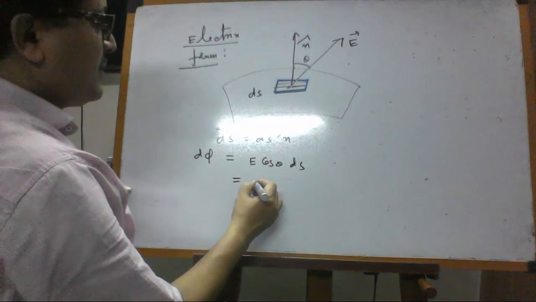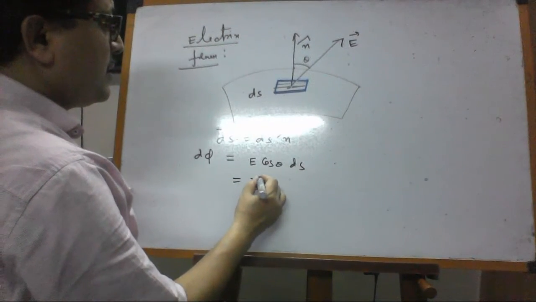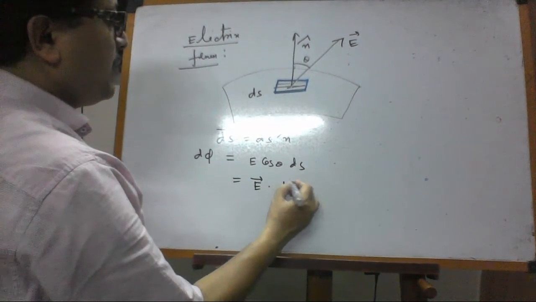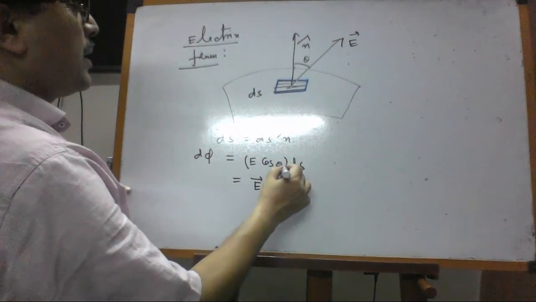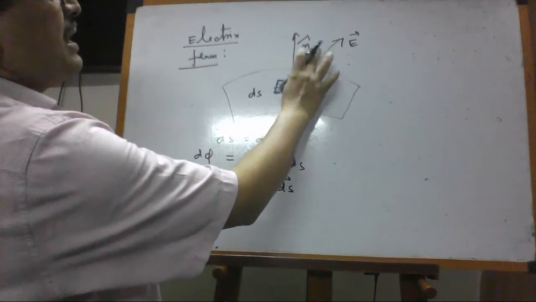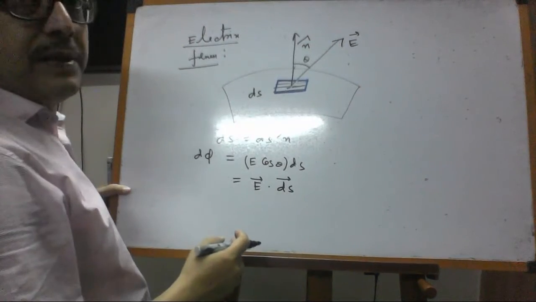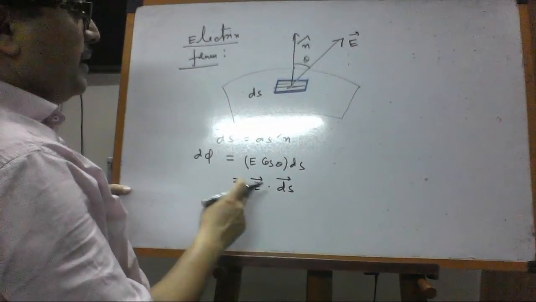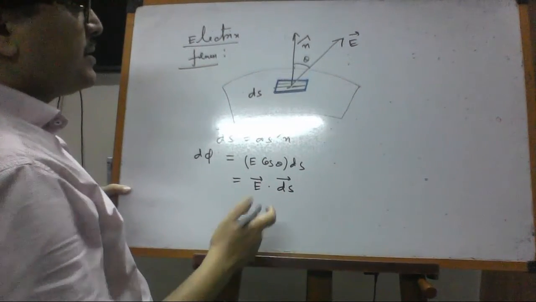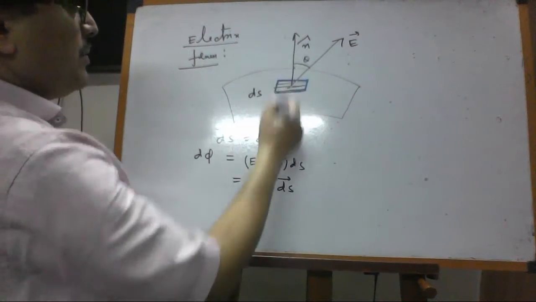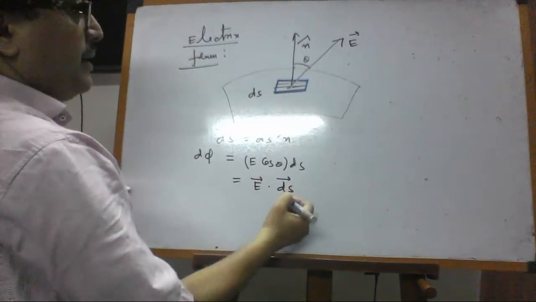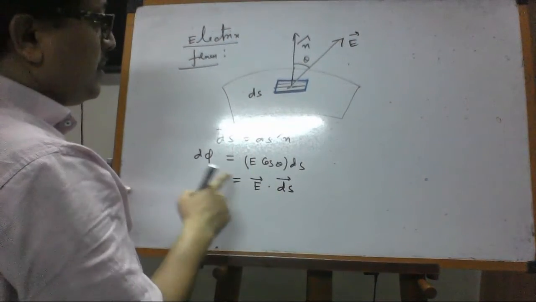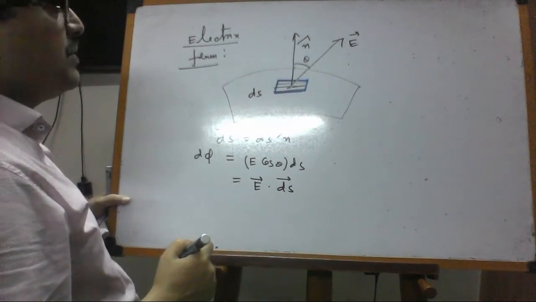By using vector sign, this can be written as E dot ds. E cos theta is the component of electric field along n cap, and then d phi will be E dot ds. The electric field vector is going this way and the area vector is normal to the area, so d phi is the measurement of this.